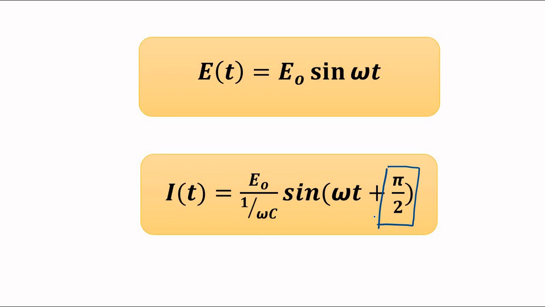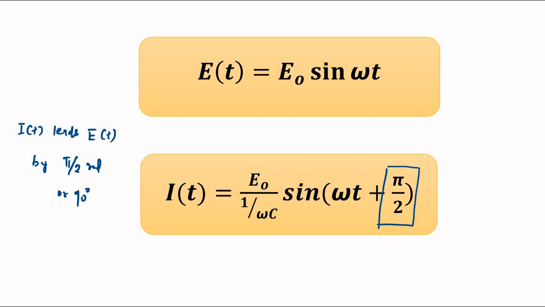So current leads the voltage, sorry, it is E, not V, but we have expressed it as E, so it's better to stick to that. Current leads the time varying EMF by pi/2 radian or 90 degrees.